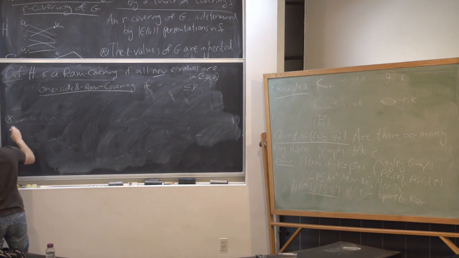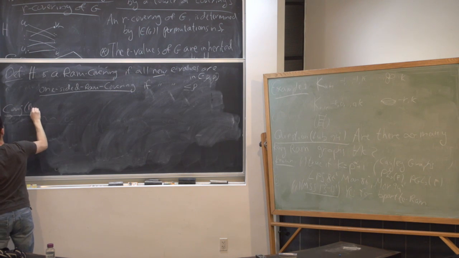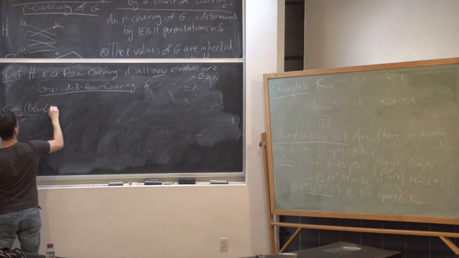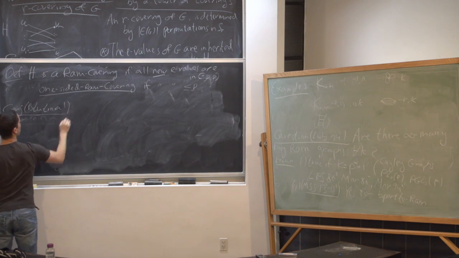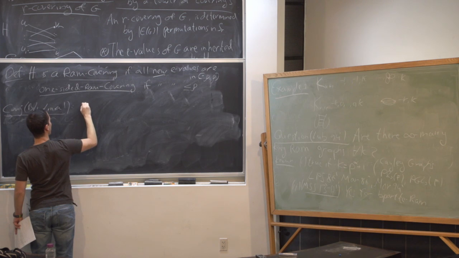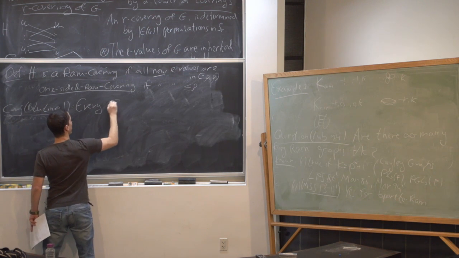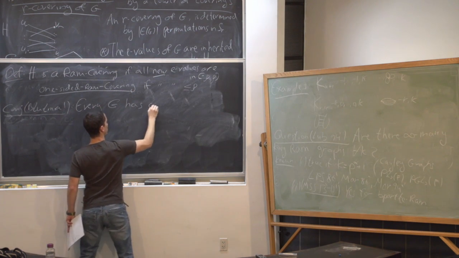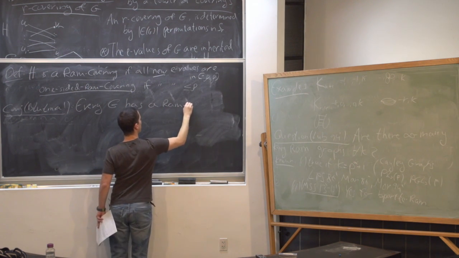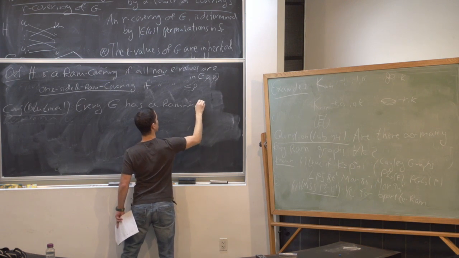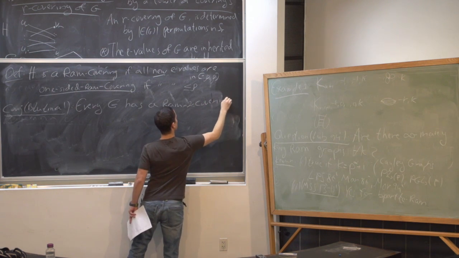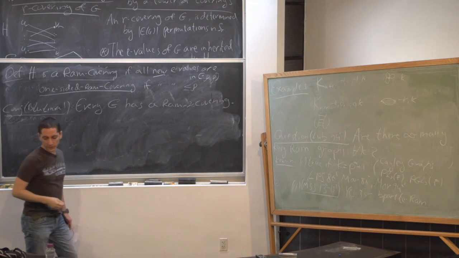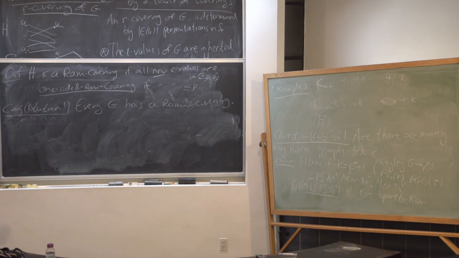And the conjecture of Bilu and Linial is that every graph has a Ramanujan 2-covering. They actually conjectured it for the regular case, but let's take it for any finite graph.